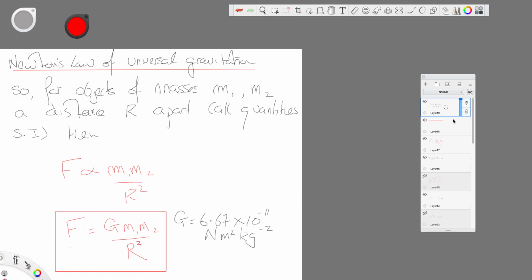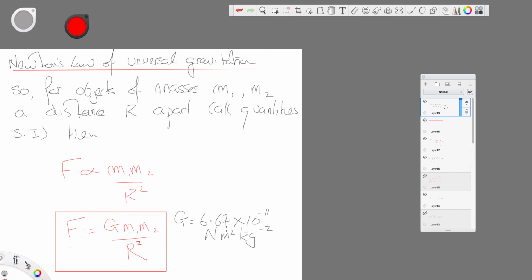G is 6.67 times 10 to the minus 11 newton meter squared per kilogram squared. Now you can get those units by rearranging the equation and making G the subject. You've got F in newtons times r in meters squared, divided by kilograms squared, so newton meter squared per kilogram squared.